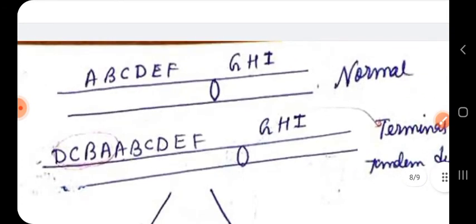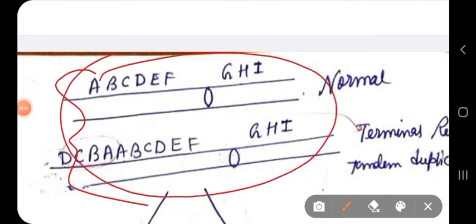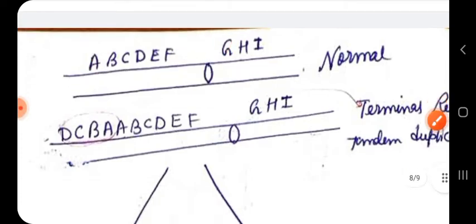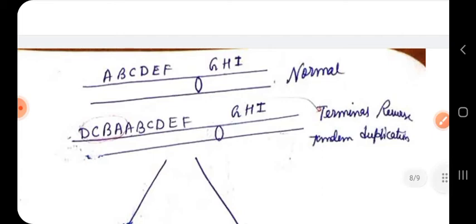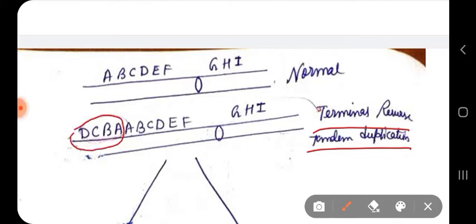So you can see that these are the two homologous chromosomes. One of the chromosomes from that homologous pair has the normal segment A, B, C, D, E, F, centromere, G, H, I, whereas the other chromosome from the same homologous pair has a terminal reverse tandem duplication. You can see at the terminal end there is an extra segment oriented in the reverse order, just after the normal segment.